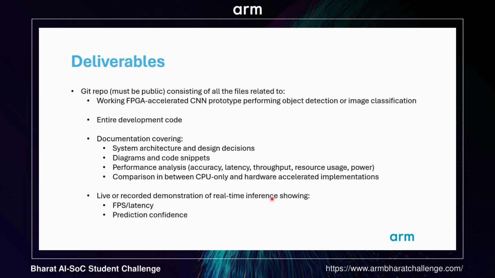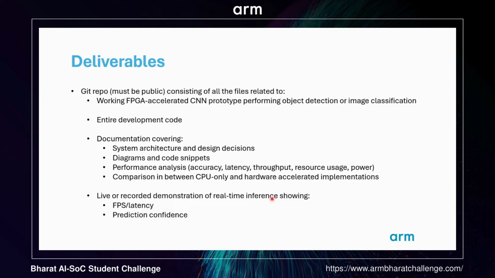This should include all the Verilog modules which are used in the project. The documentation is a key part of deliverables. The documentation should comprise of system architectures and design decisions, the diagrams and code snippets, performance analysis, and comparison.